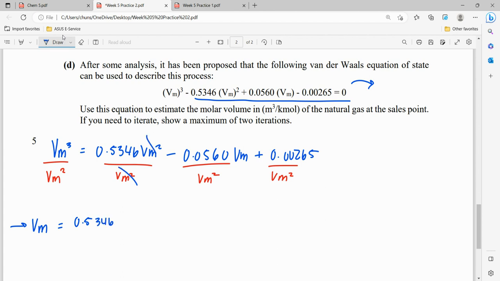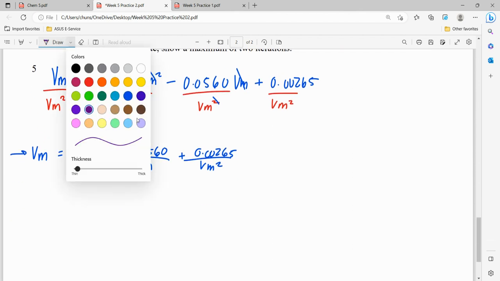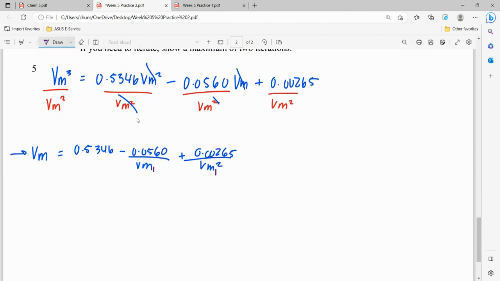These 2 terms cancel. This is minus 0.0560. This one cancels, this one reduces. And plus 0.00265 over molar volume squared. So I'm going to mark these with a prime to show that these are the ones that come from our estimates, right? And we use this as our new value.